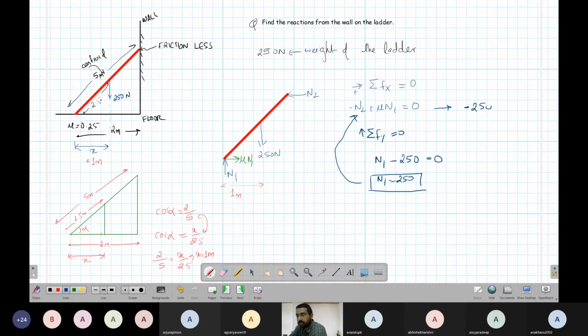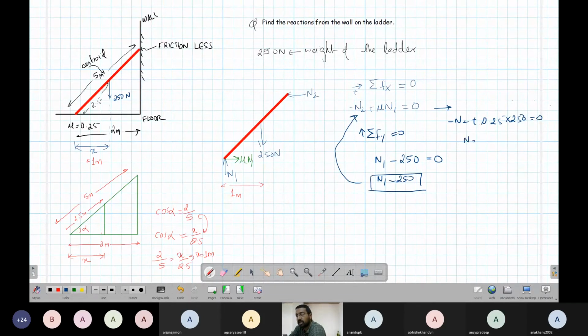Minus N2 plus mu times N1, with mu value 0.25 times 250, equal to 0.